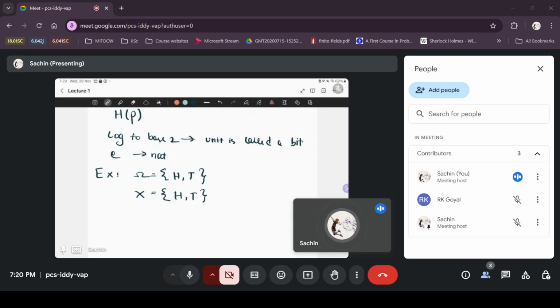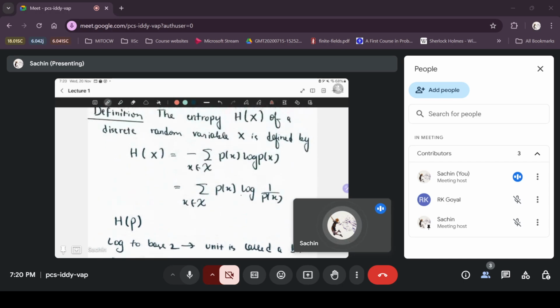If you get a head, you'll call the outcome a head, and if you get a tail, its value is t. Now, if it's a fair coin, then the probability that x takes the value head, p of h, is half, which is also equal to p of t.